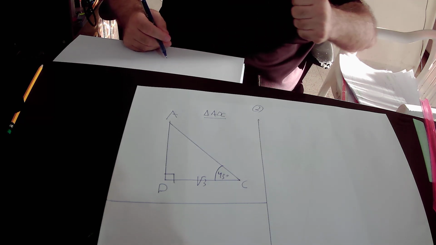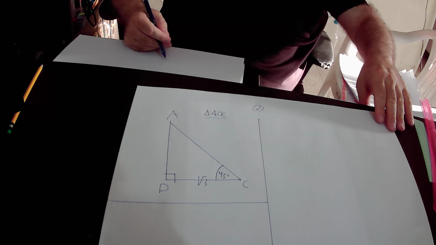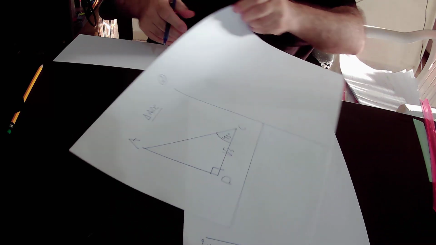In triangle ADC, the sum of the angles is equal to 180 degrees. So which angles do we have in triangle ADC?